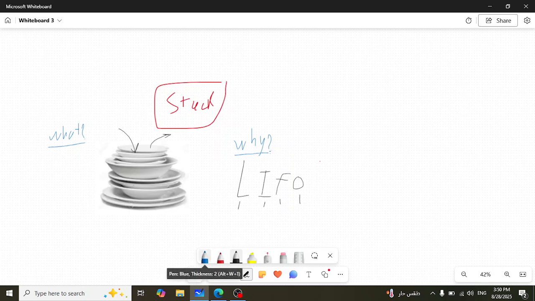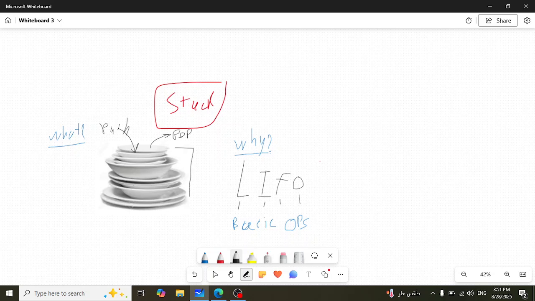As is obvious, the basic operations of the stack are to push something to the stack or pop, which means taking something out from the top of the stack.